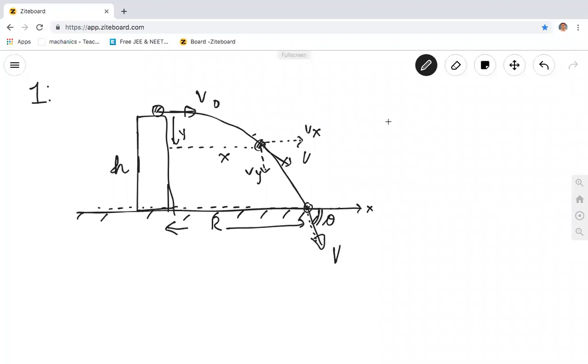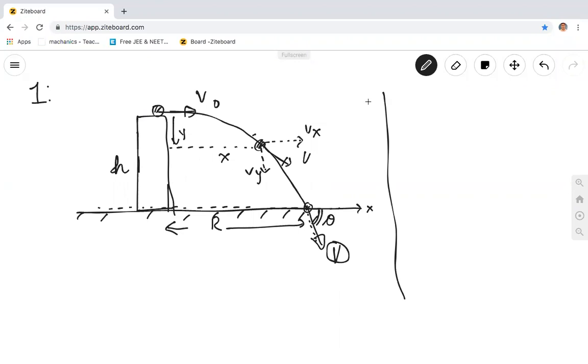So many things I want to find from this figure: Vx, Vy, x, y, the time of the projectile, the final velocity, and even the angle theta that the velocity makes with the horizontal. These are the things that I want to find.